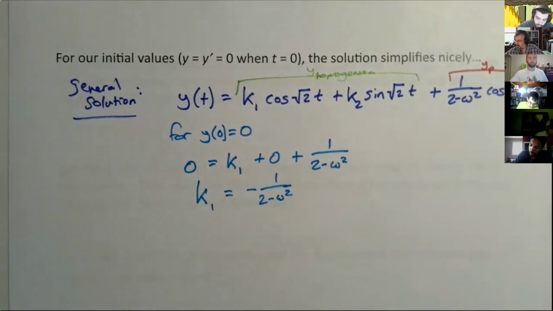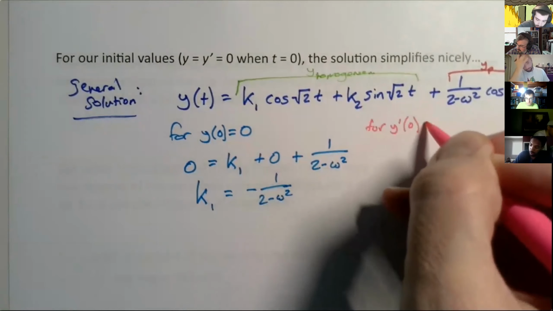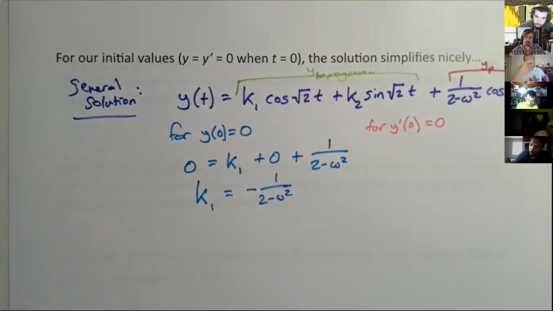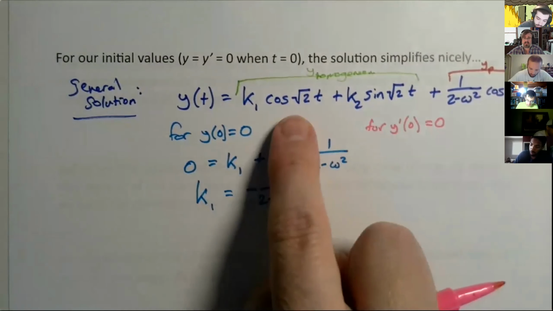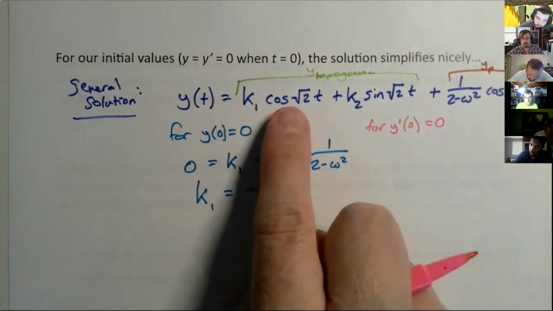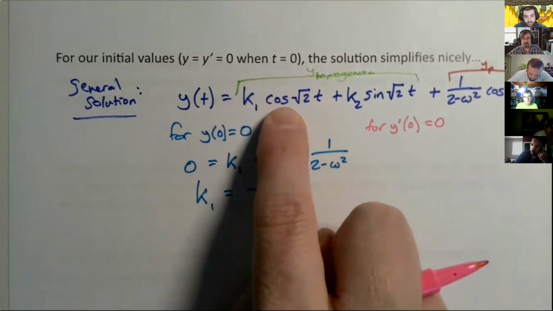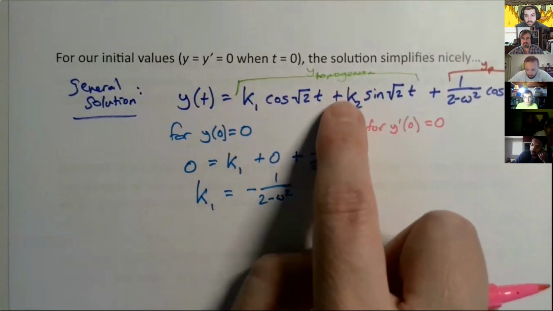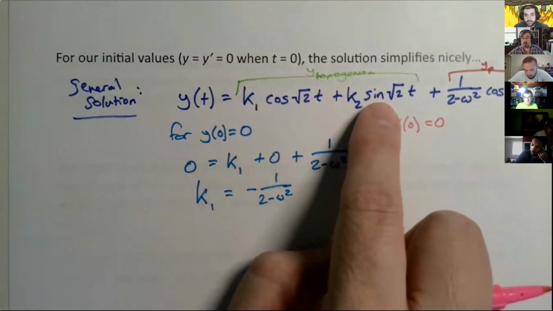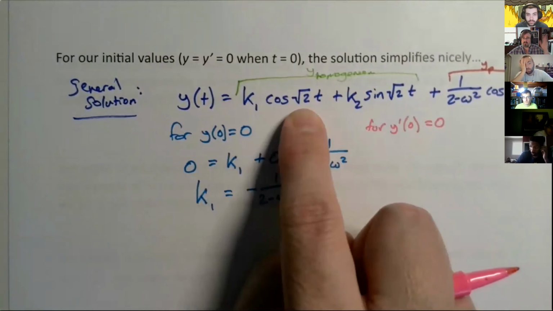And the other initial condition that we have was for y prime. I'm not going to go through and actually take the derivative of this. I think you guys in your heads can see taking the derivative of y. We're going to get a root 2 out front, and this will turn into a sine. This will have a root 2 out front, and this will turn into a cosine. So the fact that this turns into a sine means it just goes away.